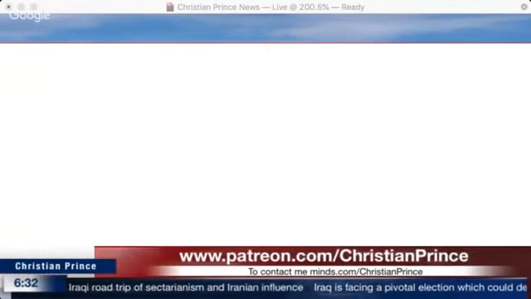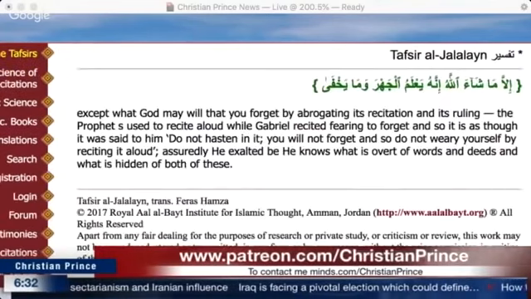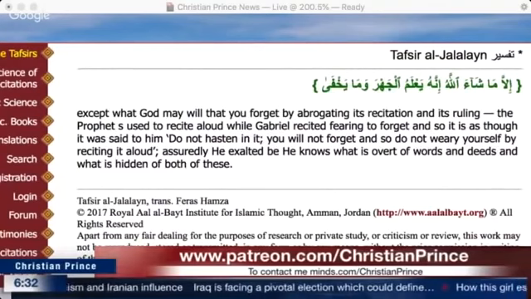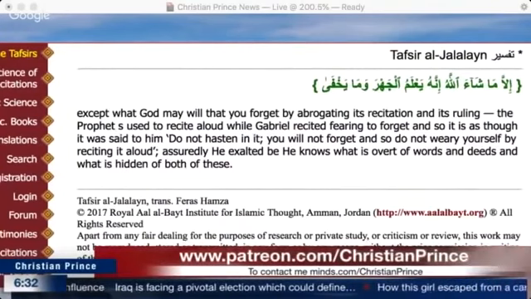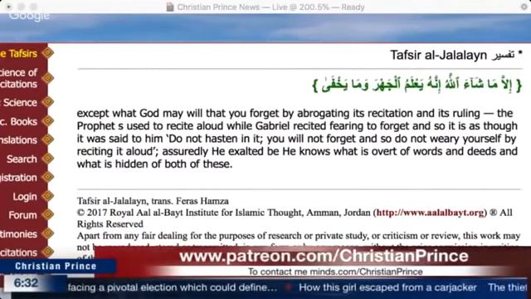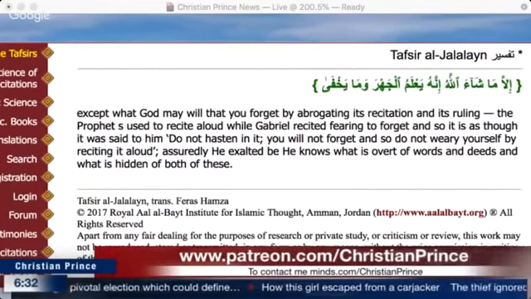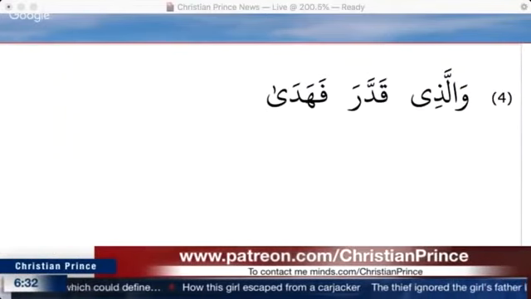So He made a decision, and whatever Allah wishes. If you go to chapter 87, verse number 7, it says, "Except what Allah wants." At the end of the day, it's what Allah wants. In that verse I gave you, it says clearly that except what He decrees, and He guides after that.